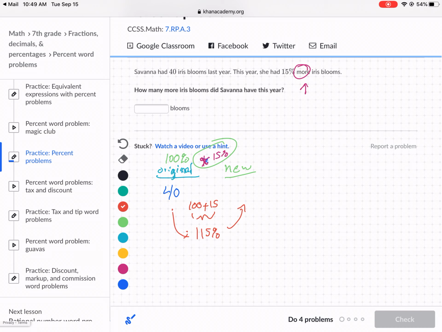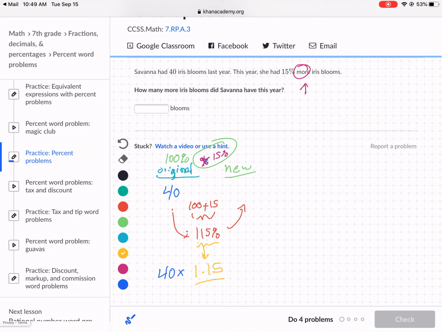The reason why I wrote it like this is because if we write this as a decimal, it becomes 1.15. And now it becomes a very simple problem where we do 40 times 1.15. Why do we multiply? Well, 115% of means multiply. 115% of 40 means we multiply the two. If it's 115% of the original, that's also known as 1.15 times the original.